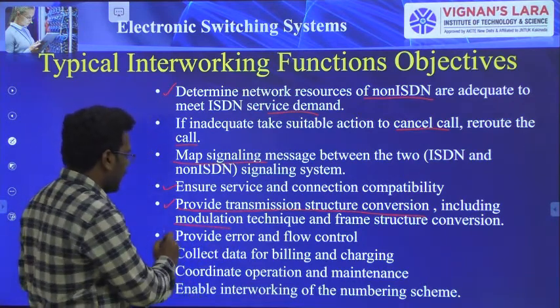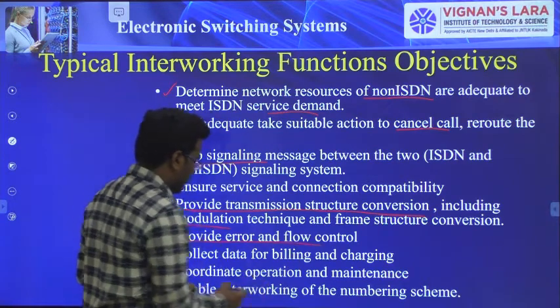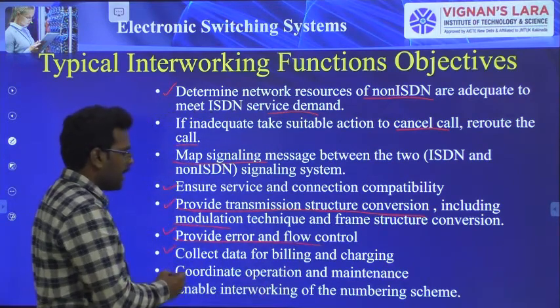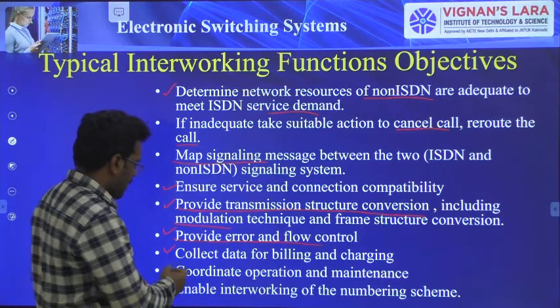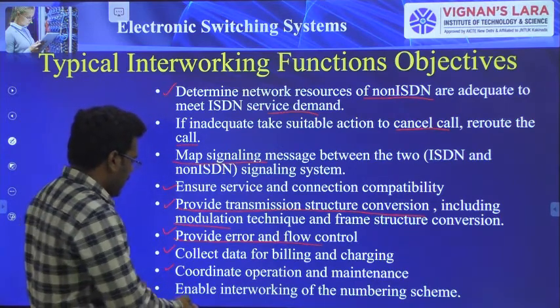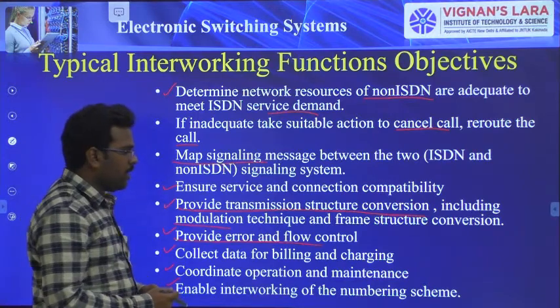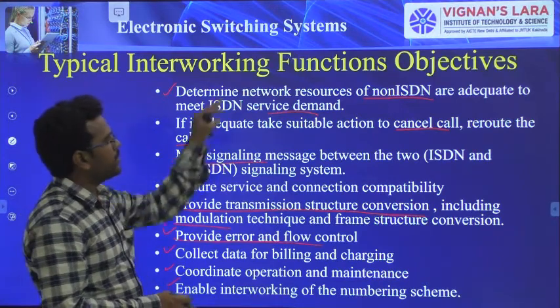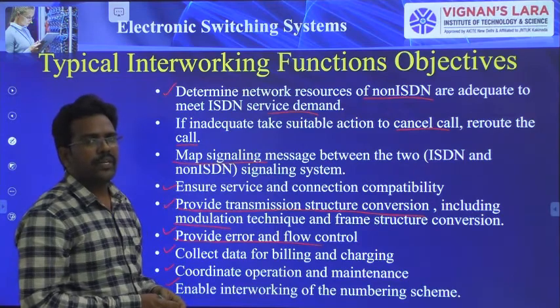Next is to provide error and flow control. Next is to collect data for billing and charging. Then coordinate operation and maintenance. And the last one is enabling interworking of numbering schemes. So these are the objectives of using this interworking.